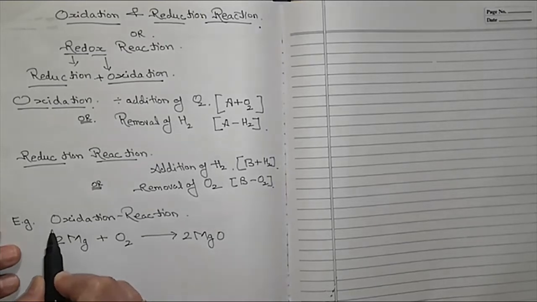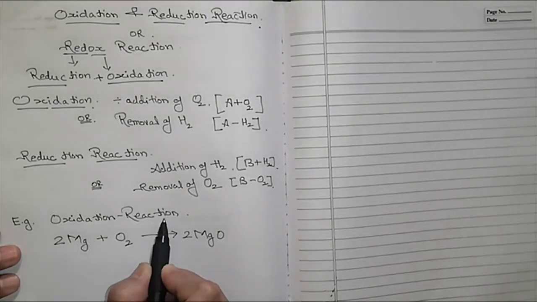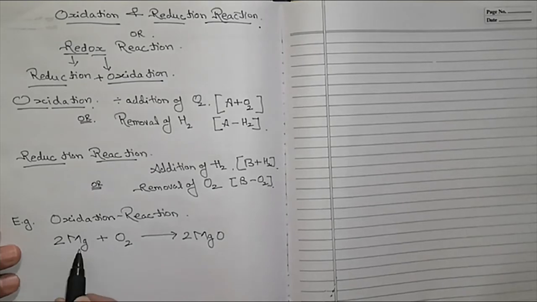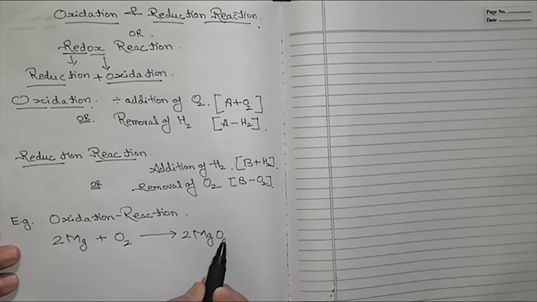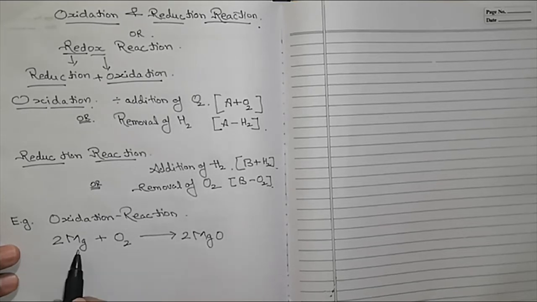Now let's do the example of oxidation reaction. This is the very first example given in your book, that is the magnesium ribbon when burned in air. The oxygen reacts with magnesium, and you get MgO. Now what is happening over here? Initially the oxygen was not there with magnesium, but later on there is an addition of oxygen.